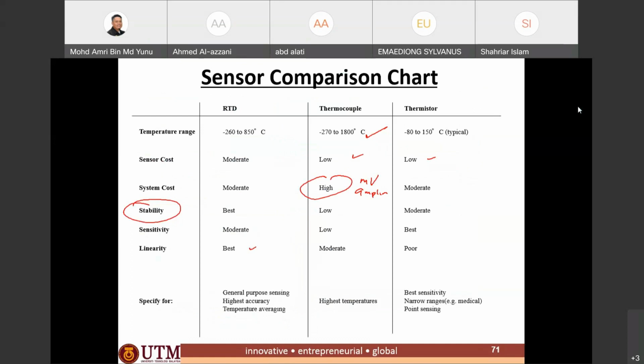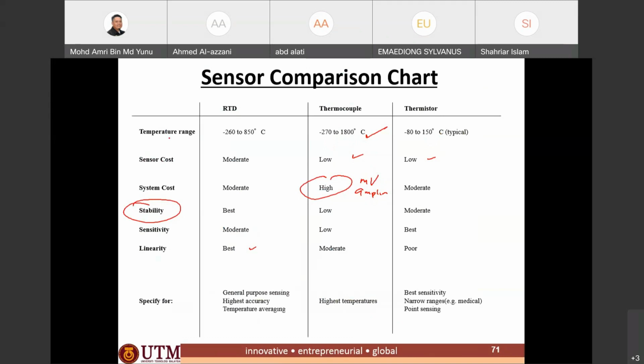So how do we compare the thermal sensors: RTD, thermocouple, and thermistor? First we look at the temperature range. Thermocouple has the highest range, between negative 200 degrees Celsius and 1800 degrees Celsius. Thermistor is the smallest.